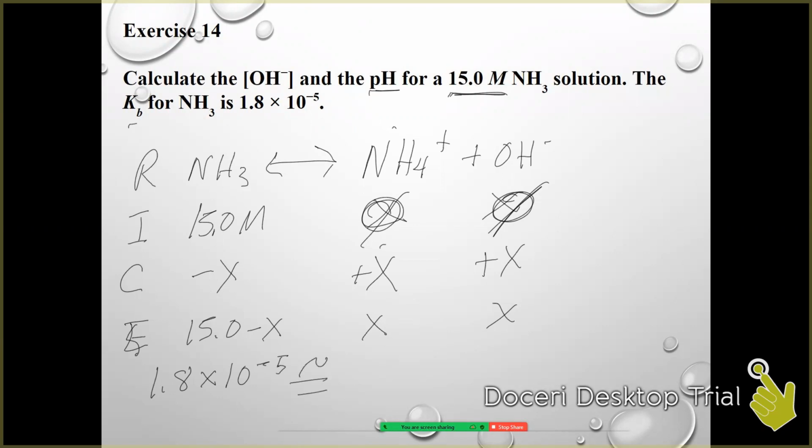And you may choose to do that on your AP test, put that little about sign to show that you know that we're dropping the X. So it's going to be about equal to X squared, because that's what I have as my products, divided by, like I said, we're going to ignore X, so just divide it by 15. So you take your 15 up, and then you have to do the square root.